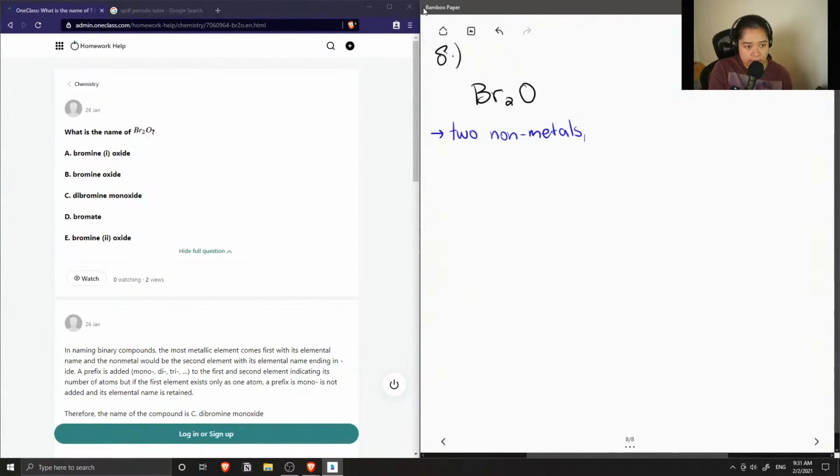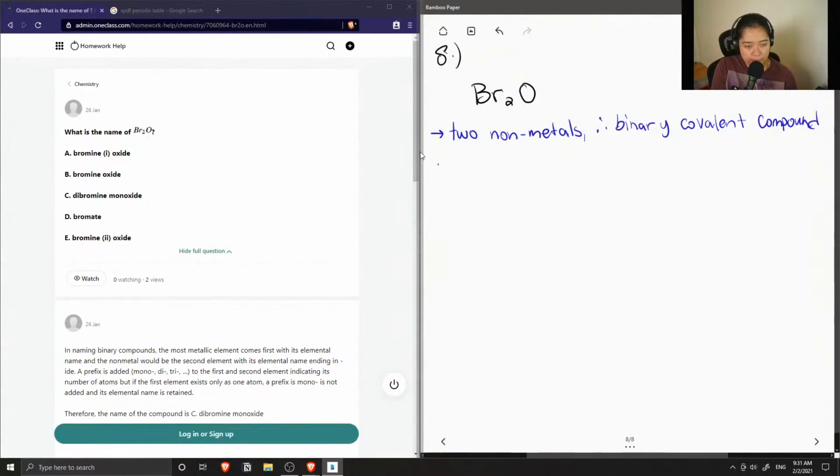Therefore we can say that this is a binary covalent compound. Depending on the type of compound we have, they'll follow a different set of rules. That's why it's important to figure out the type of compound we have first so that we can go about naming it.